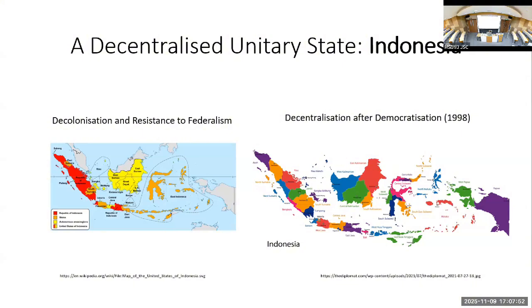But if you devolve the power further down to the next layer, a provincial strongman wouldn't be able to take that province out of Indonesia unless he gets the support of all the kabupaten leaders. So that makes it more difficult. But the point I want to make here is that Indonesia today is much more decentralized than Malaysia.